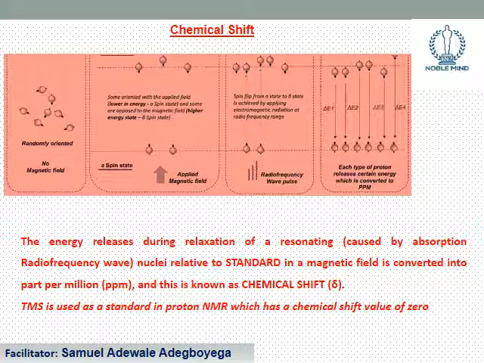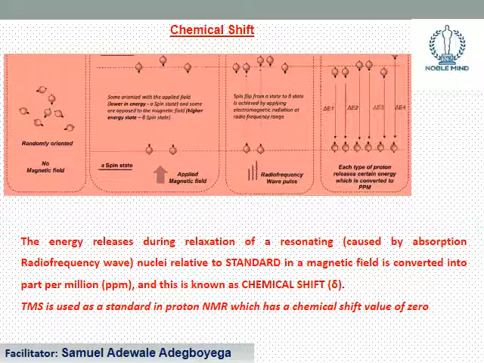This energy is converted to ppm, which is known as chemical shift. So the energy released during relaxation of a resonating proton, which must have been caused by absorption of frequency, is compared to a standard in a magnetic field and is converted into parts per million. This is known as chemical shift.